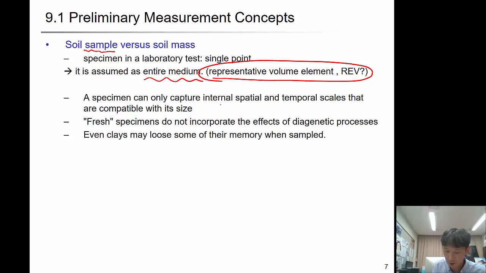A specimen can only capture internal spatial and temporal scales that are compatible with its size. And fresh specimens do not incorporate the effects of diagenetic processes. Even clay may lose some of its memory when sampled. So when you sample it, you have to take into consideration the disturbance that you're generating in the sample.